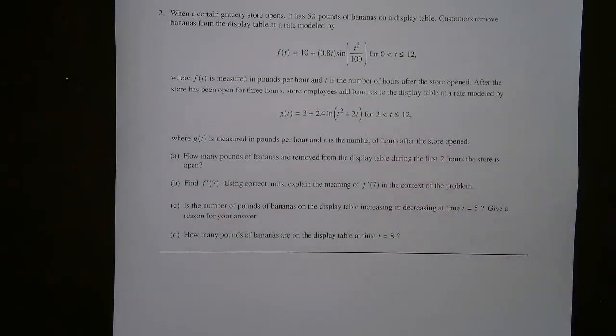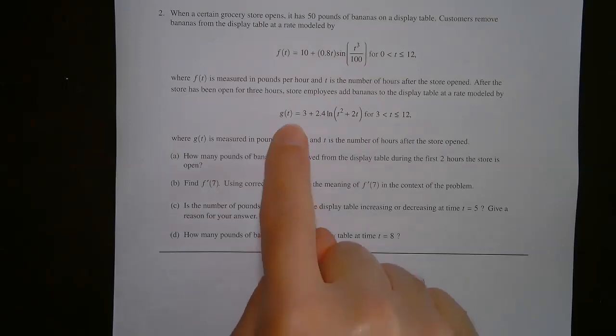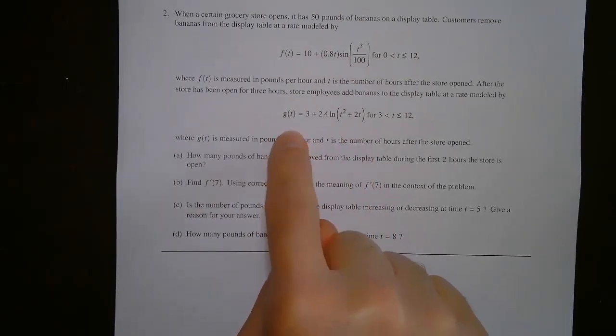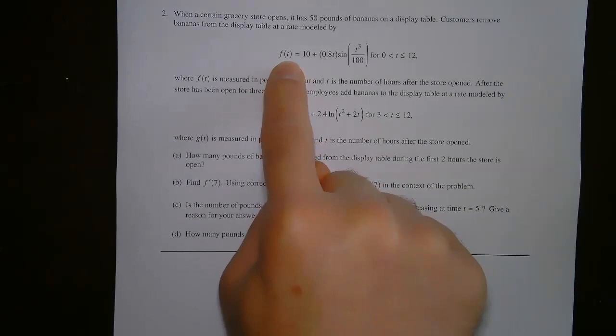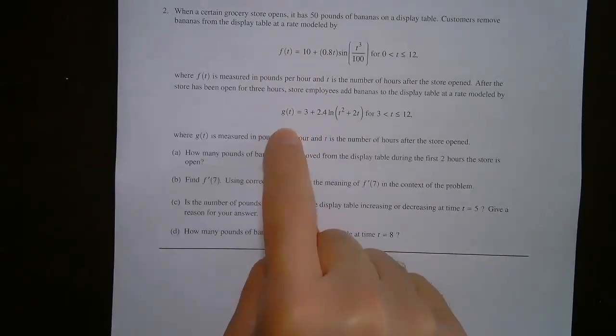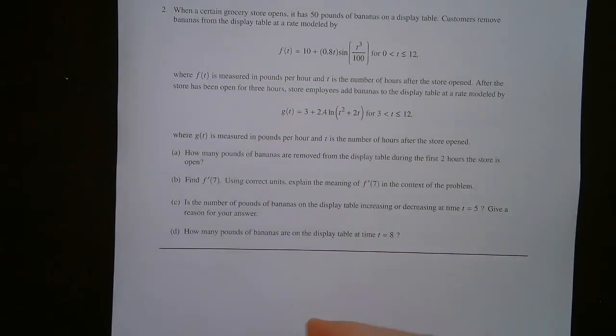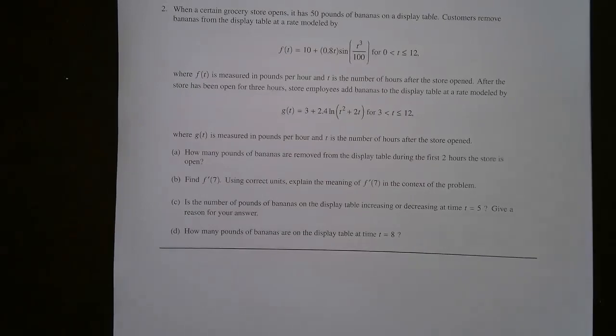So let's look at what is g of 5 minus f of 5. Because g of 5, they've been adding bananas, and f of 5, they're removing. So at t equals 5, we've got to put these two together. If it comes out to be positive, it's increasing. If it comes out to be negative, it's decreasing. So we're putting two rates together to make a new rate.